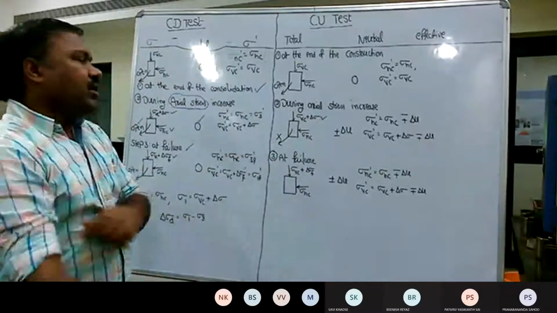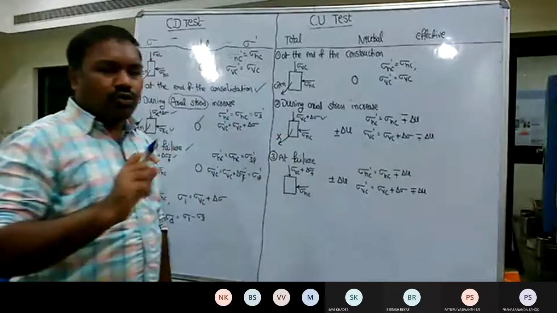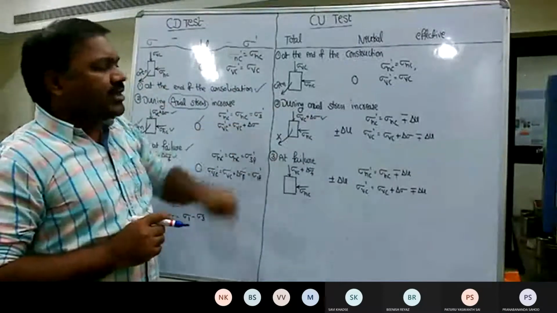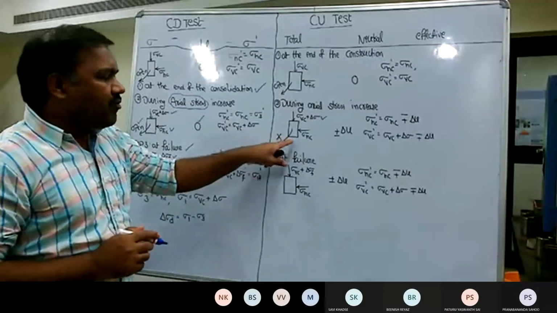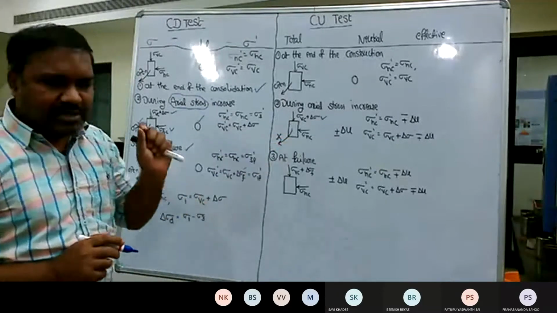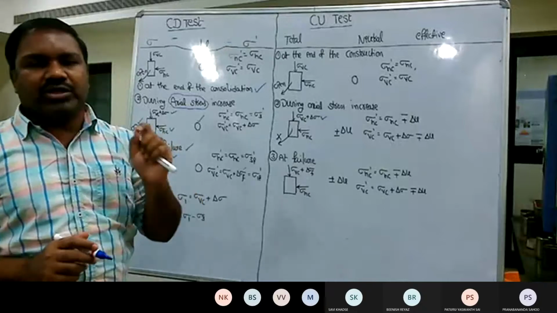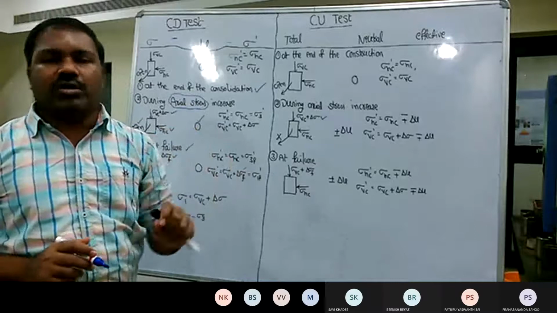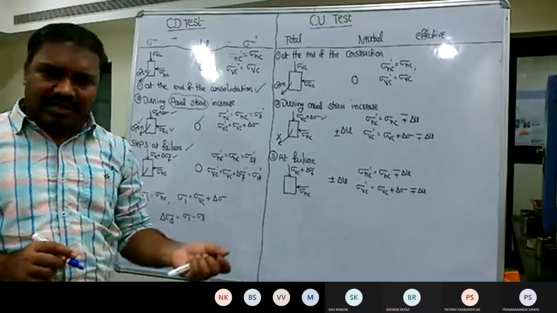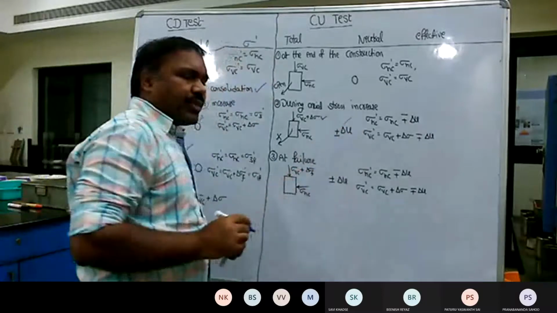But in this stage, we close the valve. The valve is no more open. Now just imagine, when you are applying the delta sigma, as water will not be expelled out from the soil sample, you can anticipate load sharing between the soil and the water molecules. As a result, there is a development of the pore water pressure.